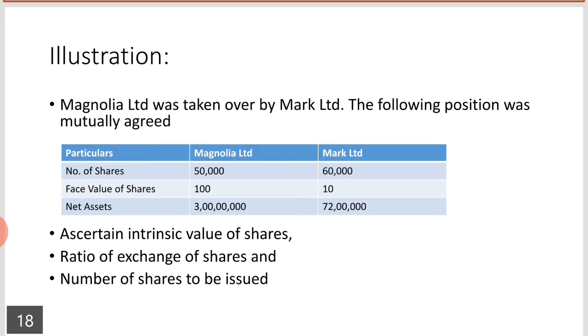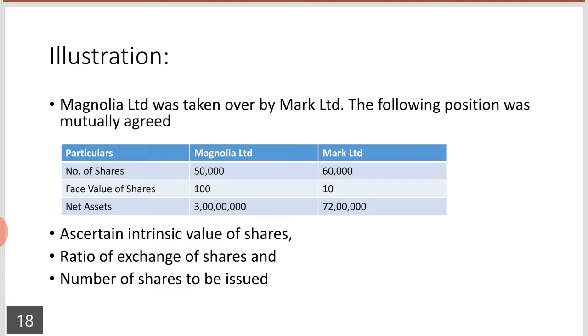In the meantime, I would ask you all to recall the concept of transferor company and transferee company, because in this particular problem we will have to ascertain which one is the transferor company and which is the transferee company. First of all, we will determine the intrinsic value of share.